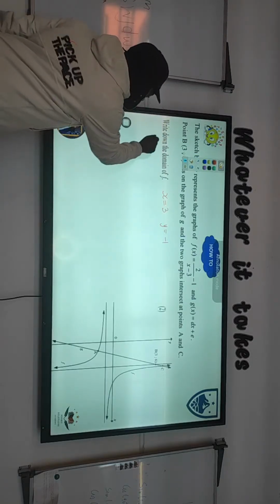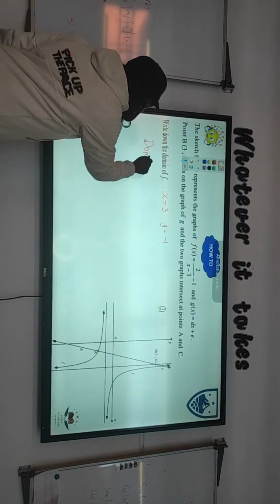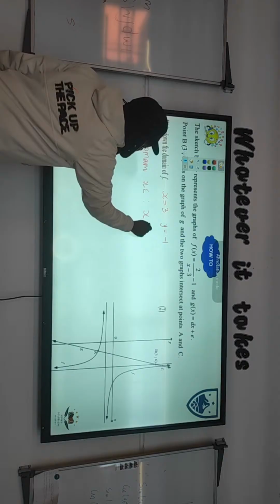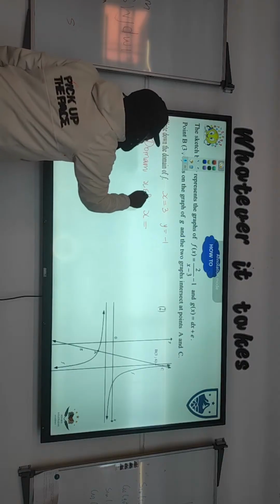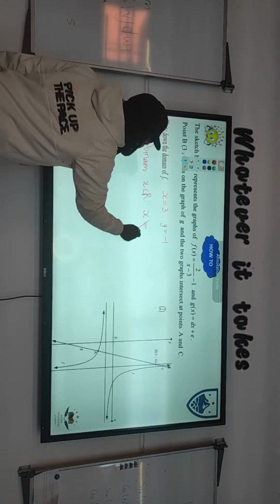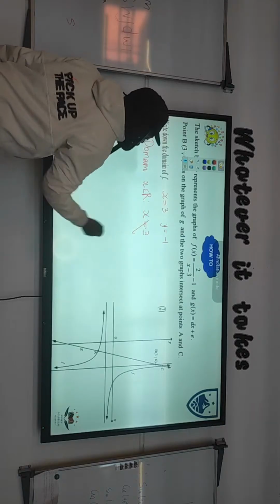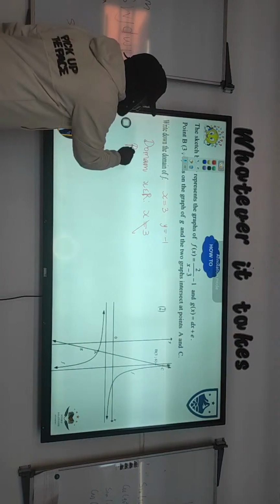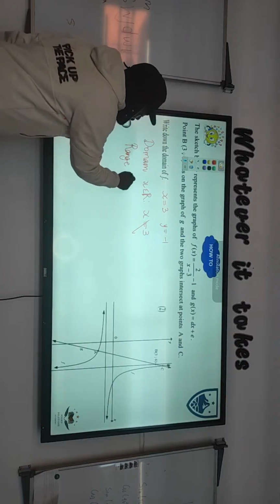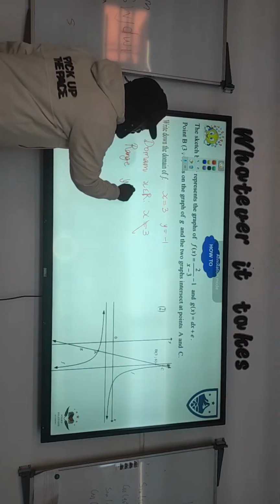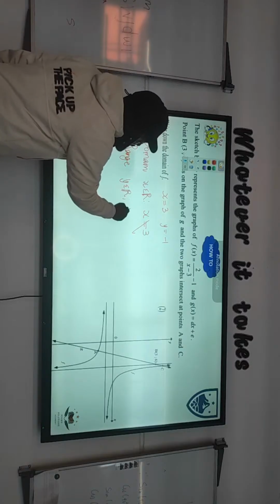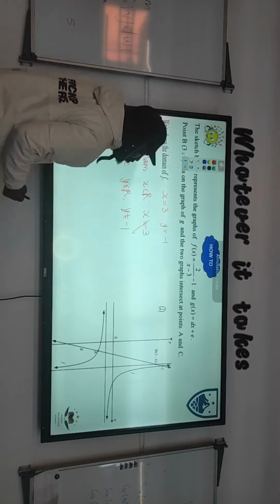So your domain for a hyperbola, x is an element of all real numbers, but x must never be equal to 3. And then for the range, y is an element of all real numbers, but y must never be equal to -1.